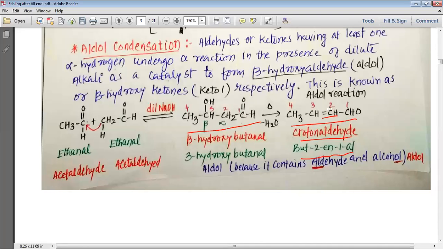That means a double bond is present and the aldehyde group is present, and this is how the aldol condensation takes place. The product is known as aldol because it contains the aldehyde group and alcohol group in the same compound.